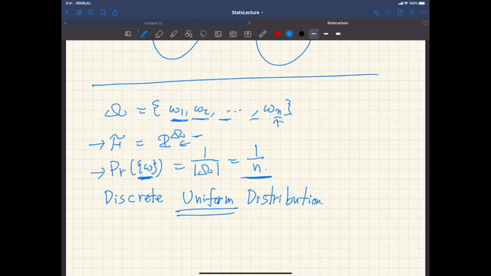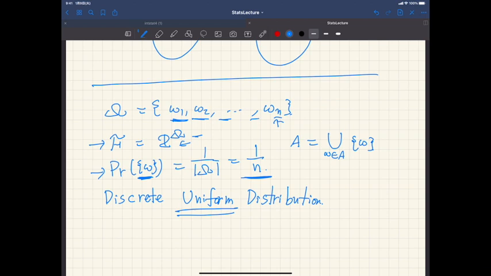For example, any subset can be expressed as a union of, not sum, but union of singleton subsets.